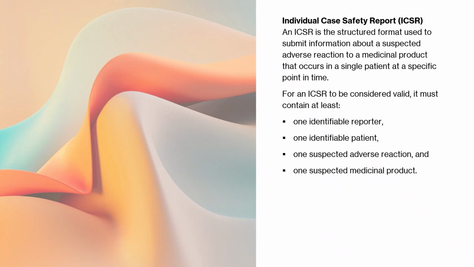We do not have the name of the patient. The patient is not identifiable through any factors. No age, no sex, no link is provided. We do have the adverse event, which is fever. But since we don't have an identifiable patient, we cannot say that this is a valid ICSR.